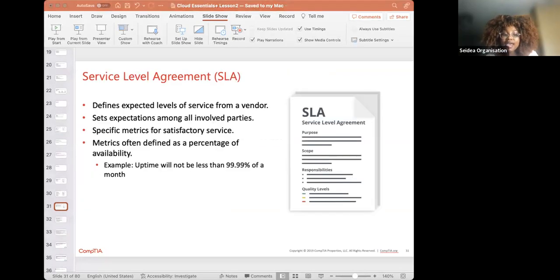Now, going back, when we are looking at the key components, there are four for a service level agreement. The first one is metrics for service. These are your quantifiable standards for service, such as uptime, which is the example given, response times, and throughput. The second one deals with your penalties and breaches. What are the consequences for the cloud provider if an agreed level is not met?